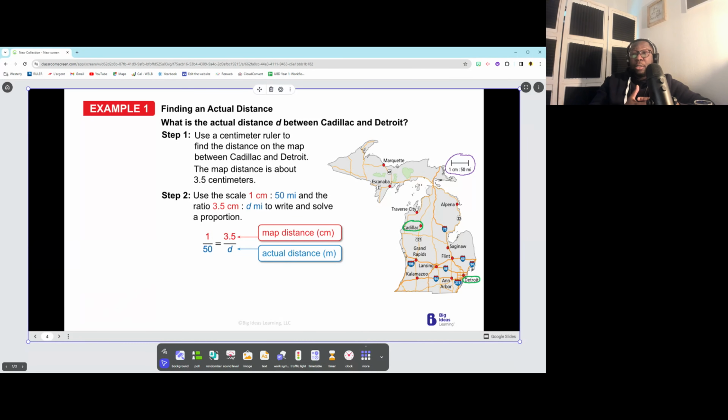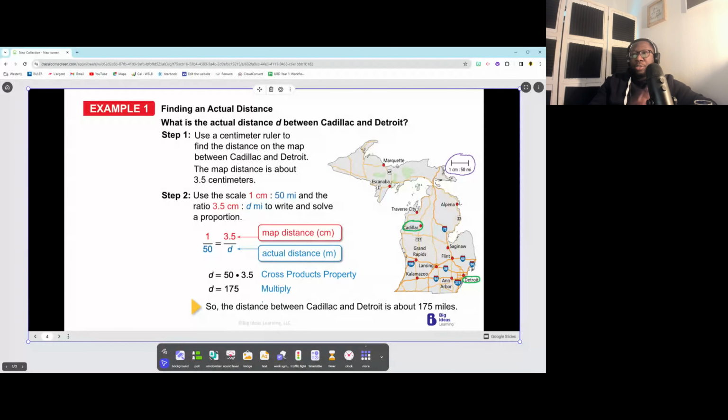Hopefully you said we can use cross multiplication, the cross products. If we cross multiply 50 times 3.5, that's going to be equal to 175. So the distance between Cadillac and Detroit in IRL is 175. And what are the units? They're miles, so it would be 175 miles.